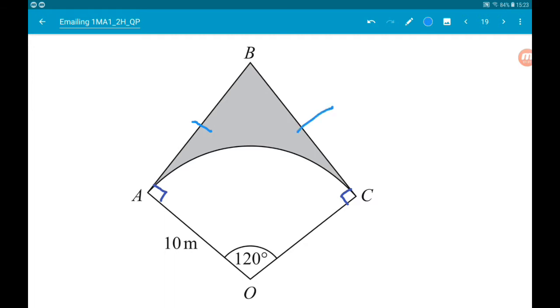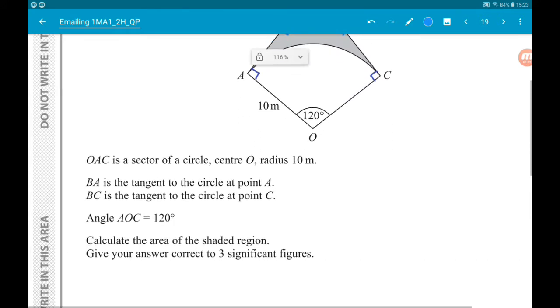Okay, let's carry on. Now we're told angle AOC is 120 degrees. Our job is to calculate the area of the shaded region, giving our answer to 3 significant figures.